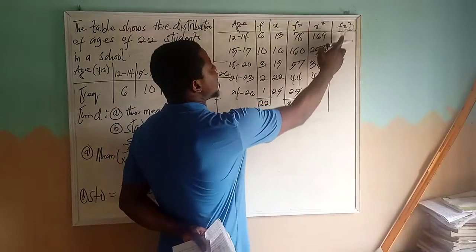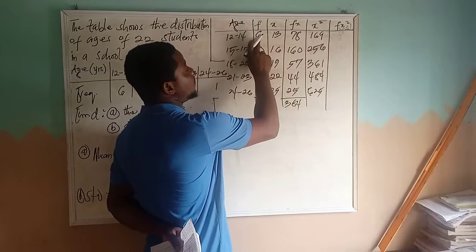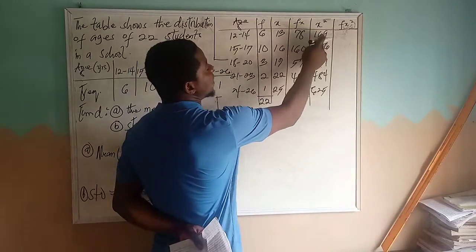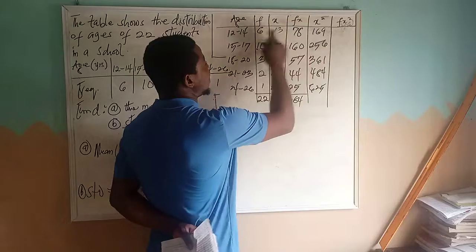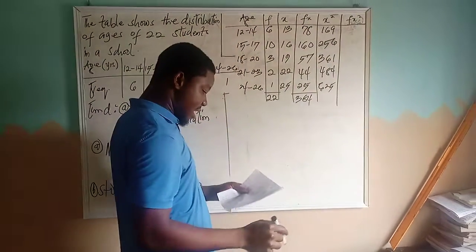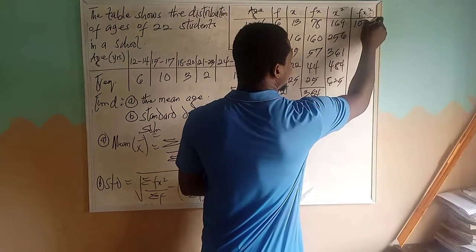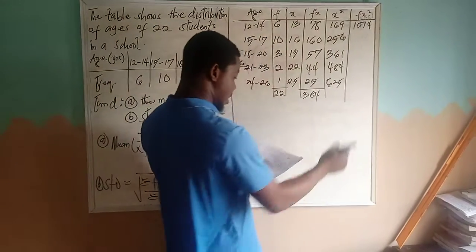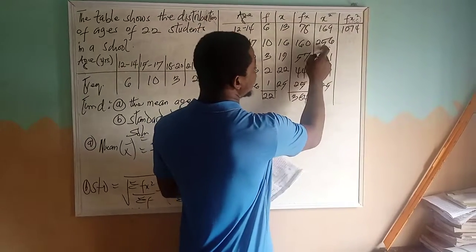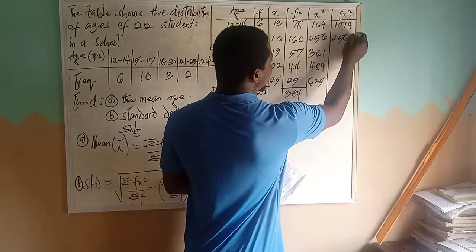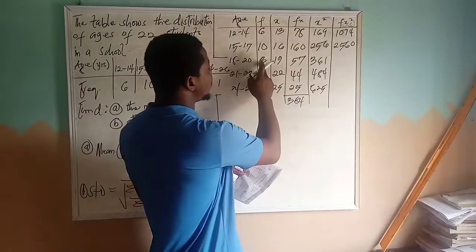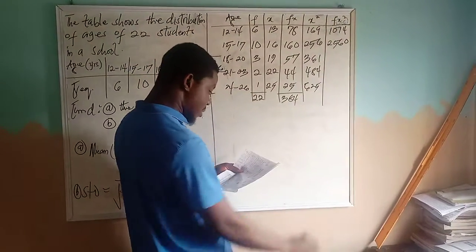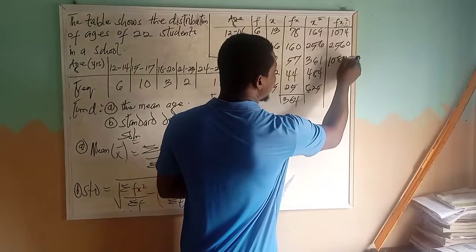And then to get this fx squared, you are going to be using your f, which is 6 here, to multiply the x squared. That is 6 times 169, and when you do that, that gives you 1014. And then when you multiply 10 by 256, you have 2560. And then, of course, when you use 3 to multiply 361, you are going to have 1083.